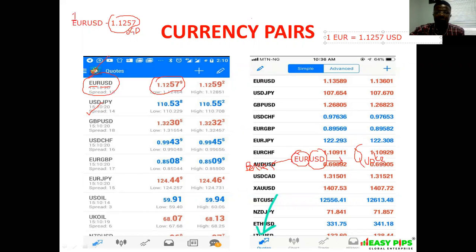So I'll take it again. For you to get 1 euro, that means you need 1.1257 US dollars. This shows that the value of euros is bigger than the value of US dollars because you need 1.1257 to get just 1 euro. That is why euros is appearing as the base currency and USD as the quote currency.